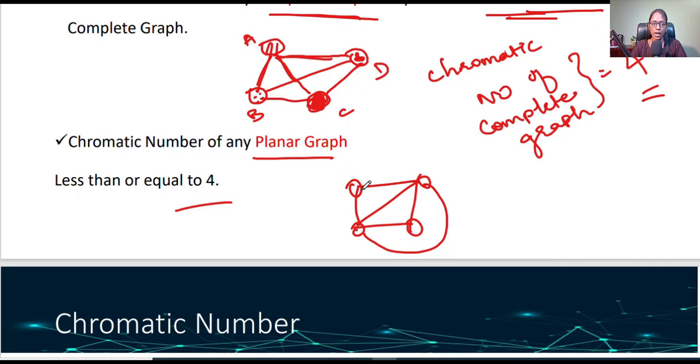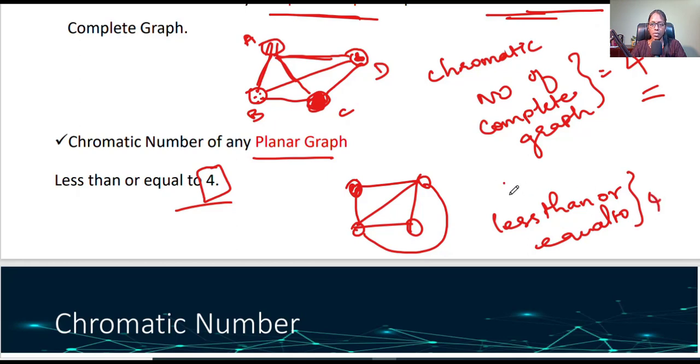For any planar graph, the chromatic number is always less than or equal to 4.